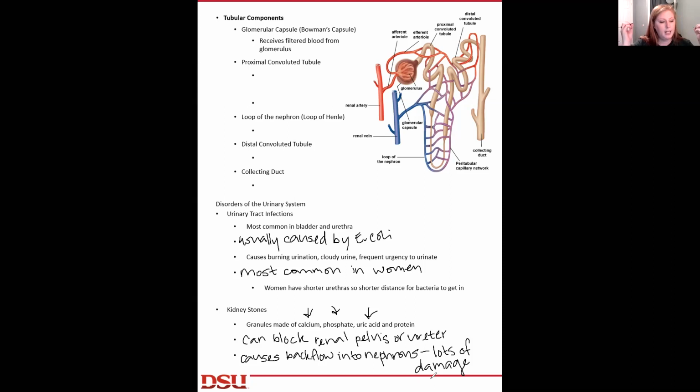I tell you, blast them apart into smaller particles so that they can pass that way. But it's not like you really walk around knowing that your nephrons are being damaged. You're usually in enough pain that that is being monitored closely. Okay.